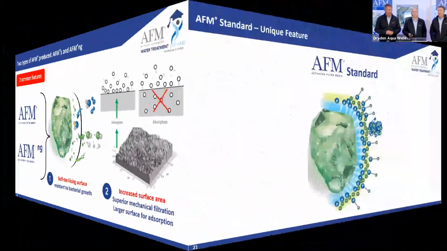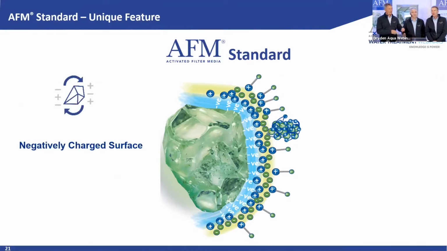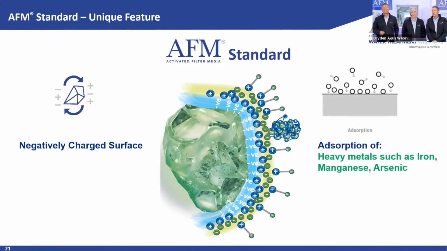These two things. So, Philip, you want to take this? What's one thing that's unique for AFM standard? What's unique to AFM standard is that the activation chemicals that we apply to it give AFM a negative surface charge, a very high negative surface charge that you see here.